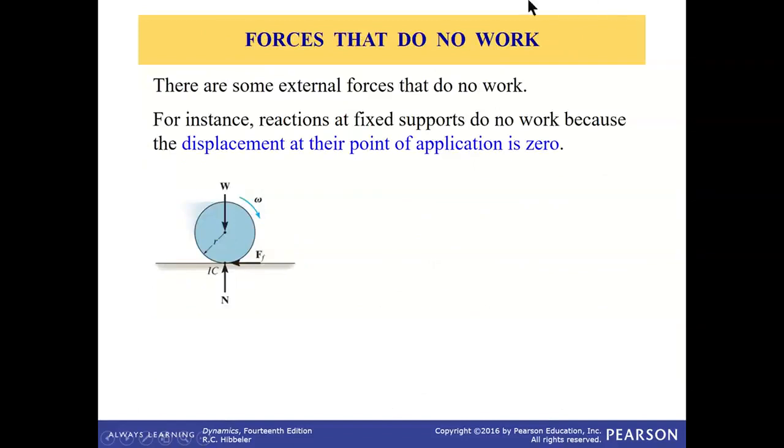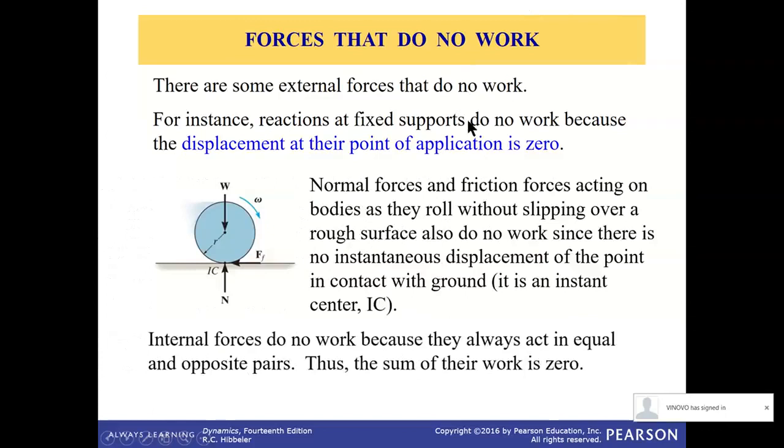Now, some forces in rigid bodies do not do work. So this slide is about those forces which are present but do not do work. So what are those forces? Those forces are normal force and friction force. They act on the body, but they do not do work because there is no instantaneous displacement of the point in contact with the ground.